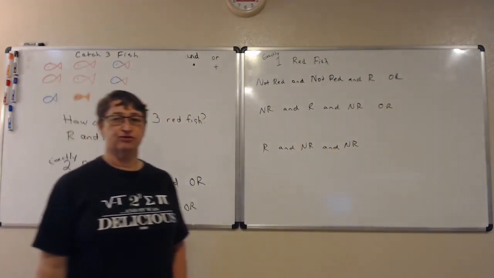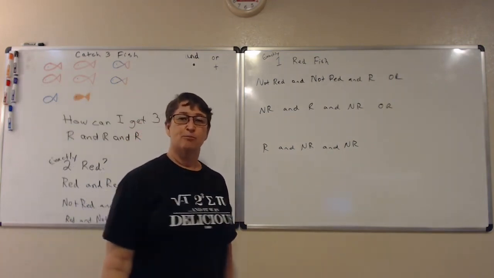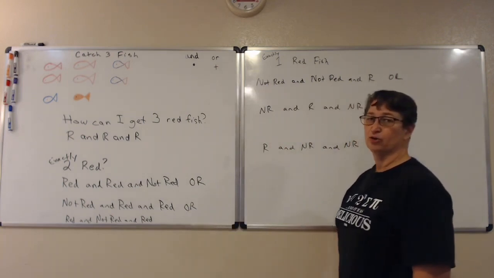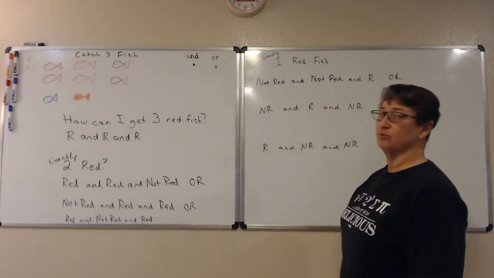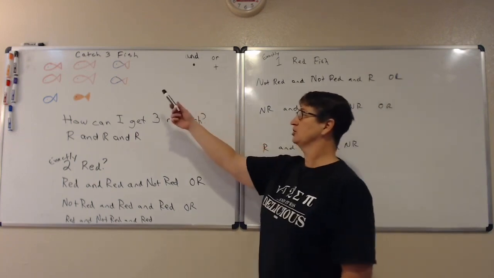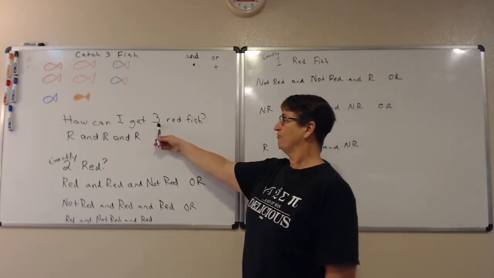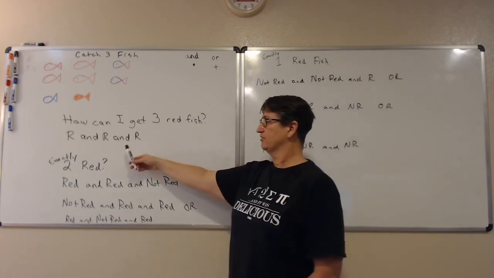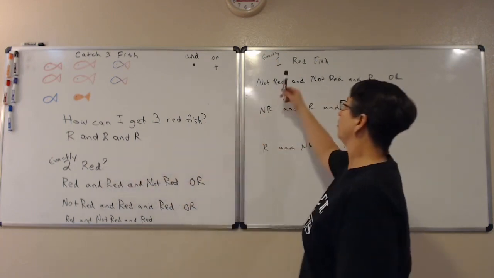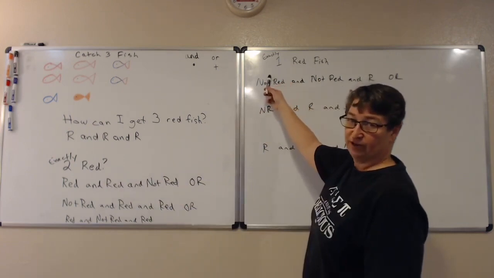Now, do you see where this is going again? Remember that distribution that we made earlier, where we talked about the different numbers that we could get? If I'm catching 3 fish, here I caught 3 red fish, here I caught exactly 2 red fish, there I caught exactly 1 red fish.